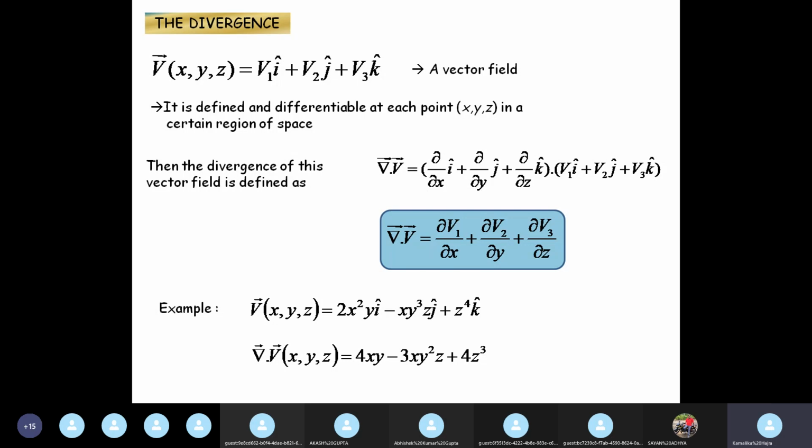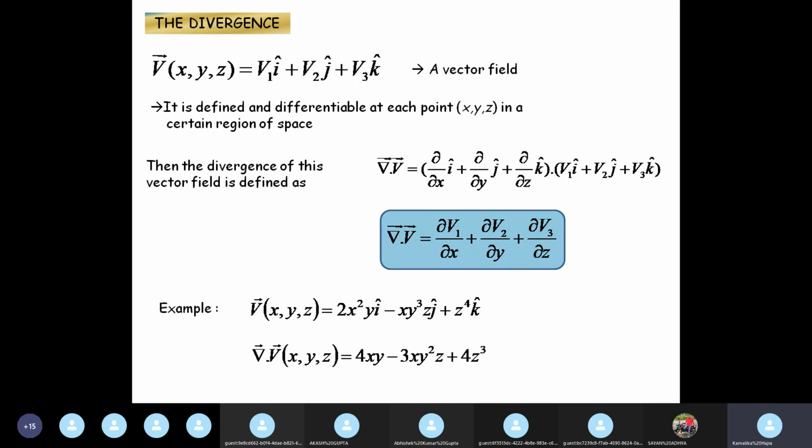They often forget to give the vector sign or write down the i, j, and k unit vectors, and when they are asked to write down the divergence of a vector, they often by mistake give the i cap, j cap, and k cap unit vectors. So please keep in mind that the gradient is a vector, so you have to give the unit vectors. The divergence is a scalar, so you need not give the unit vectors. This is a very common mistake.